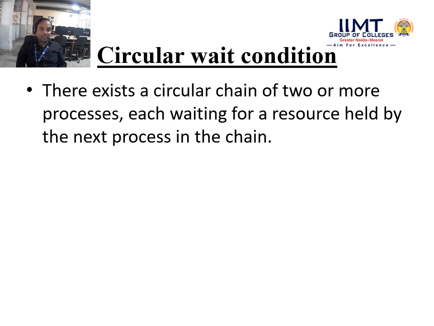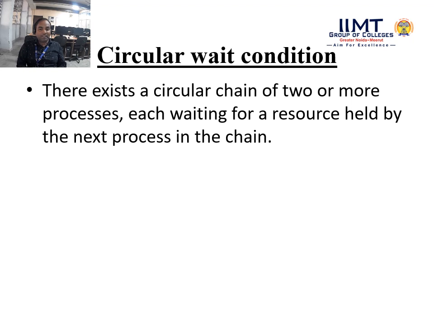The next condition is the circular wait condition. There exists a circular chain of two or more processes, each waiting for a resource held by the next process in the chain. Basically, I am talking about the circular wait condition, as the word says, circular. Circular means in a circle form. As I told you in the hold and wait condition, one is holding and waiting for another.